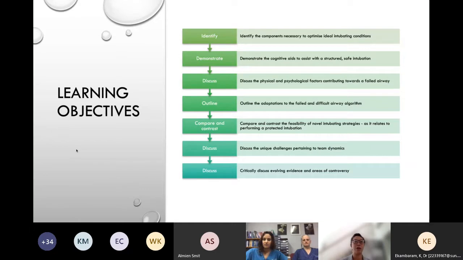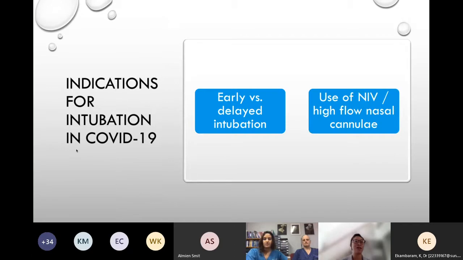And then as part of our Q&A session, we're going to compare and contrast the feasibility of novel intubating strategies, particularly as it relates to a protected intubation, discuss the unique challenges pertaining to team dynamics, and critically discuss the evolving evidence and areas of controversy. So if I can hand over to Vidya, if you can take us through the start of the session, please.